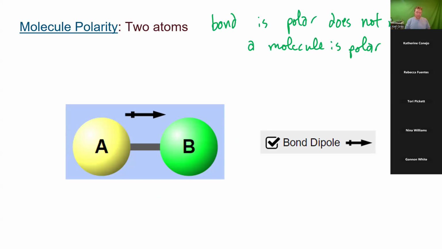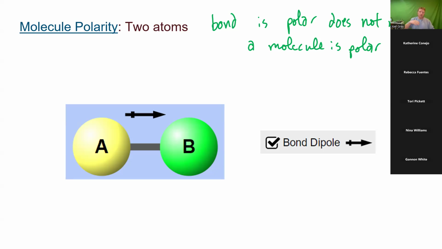It complicates this idea of polarity. Chemists classify compounds as being polar or nonpolar. Polar, nonpolar, and ionic compounds. That's how we classify things.